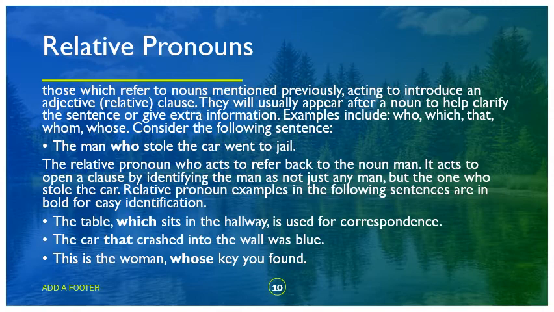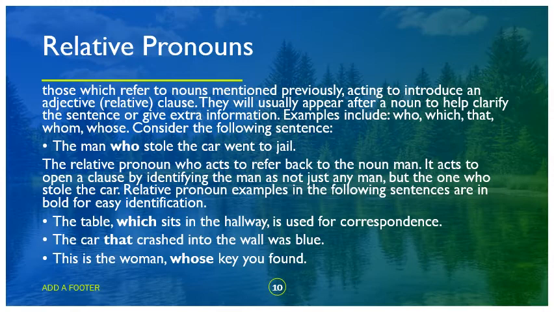Relative pronouns. Those which refer to nouns mentioned previously, acting to introduce an adjective or relative clause. They will usually appear after a noun to help clarify the sentence or give extra information. Examples include who, which, that, whom, whose. Consider the following sentence. The man who stole the car went to jail. Now, in the extract that I read right now, let's analyze that.